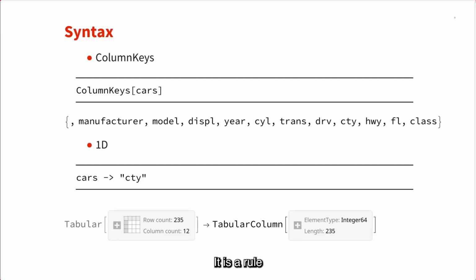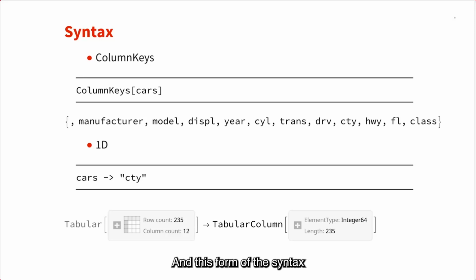It is a rule where the left-hand side is the tabular and the right-hand side is the column name. So if we want to select the city mileage column for plotting, we say rule cars city.